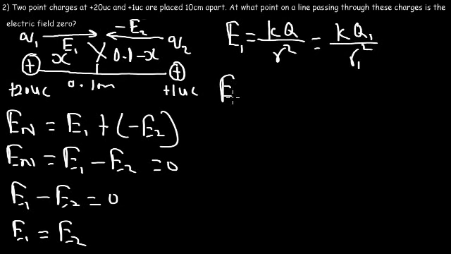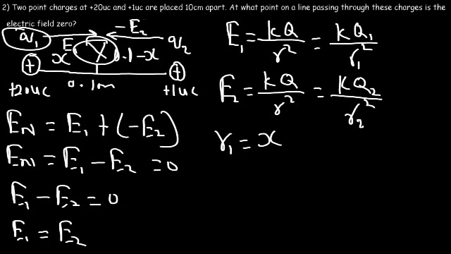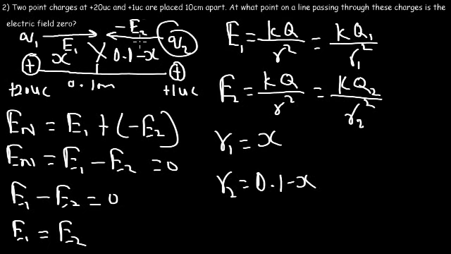And E sub 2 will be given as kq2 over r sub 2 squared. So what is r sub 1? What is r sub 2? r sub 1 is given as x, which is the distance between the first charge and the selected point. And r sub 2 will be 0.1 minus x, which is the distance between the second charge and the selected point. Now, let's begin the substitution.